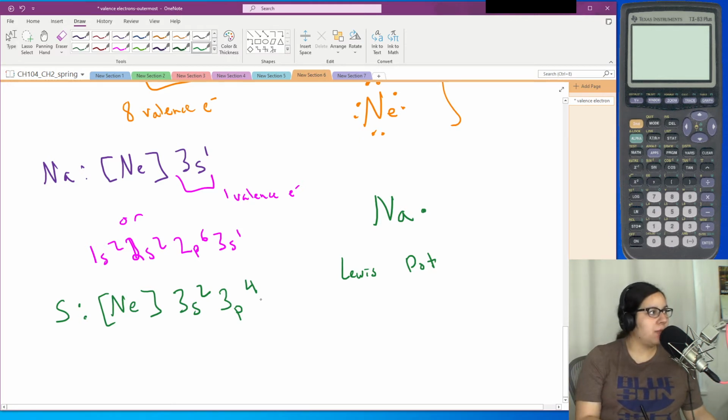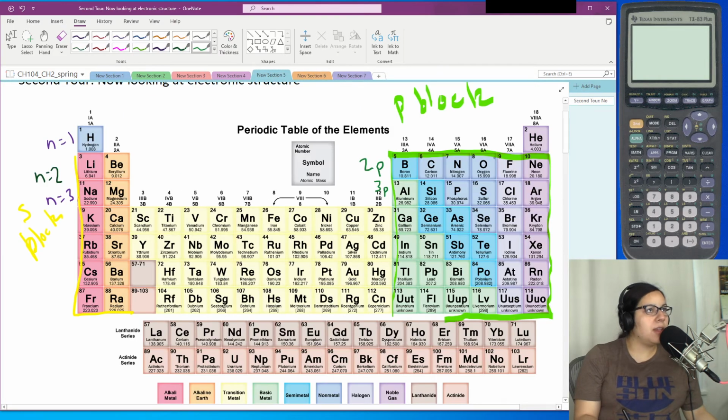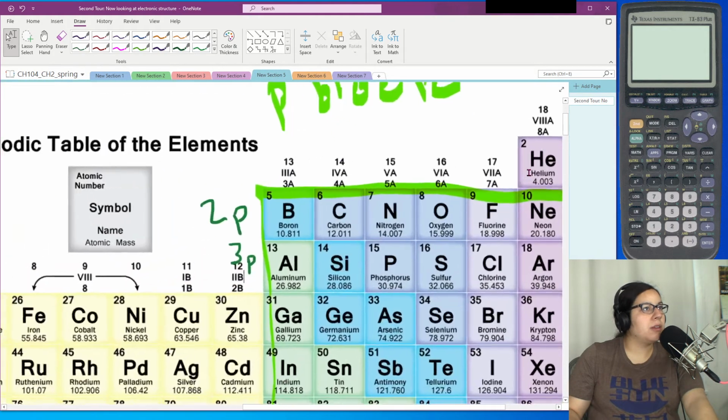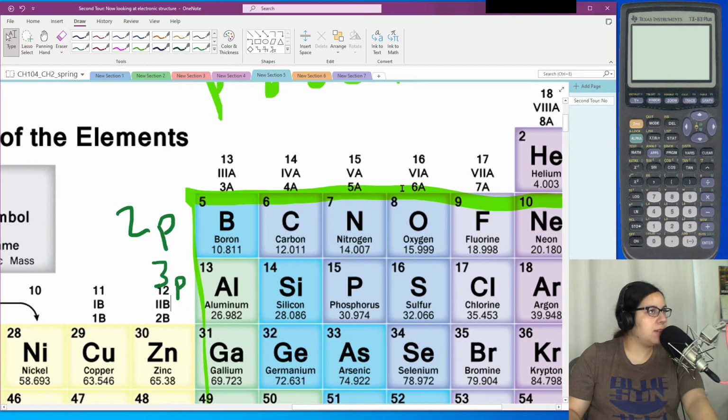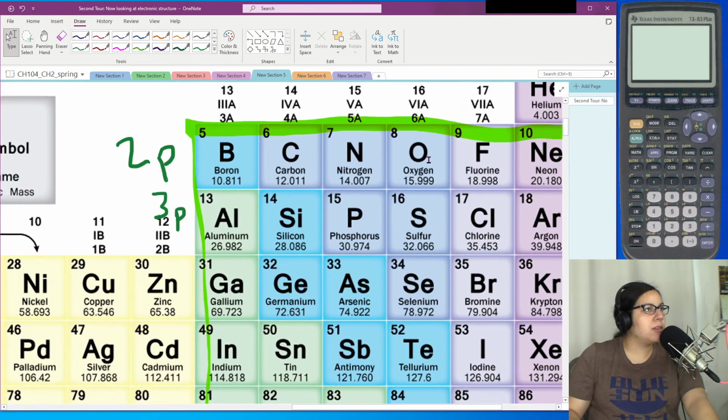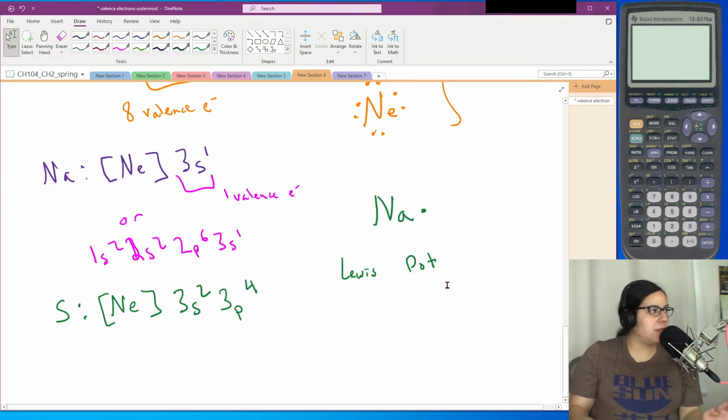So 2 in the S, 4 from the P, so 6 valence electrons. And again, that matches with that number. So 6 matches the 6A here. So don't forget, right, our smelly family, they all have 6 valence electrons. So let's write our Lewis dot structure.